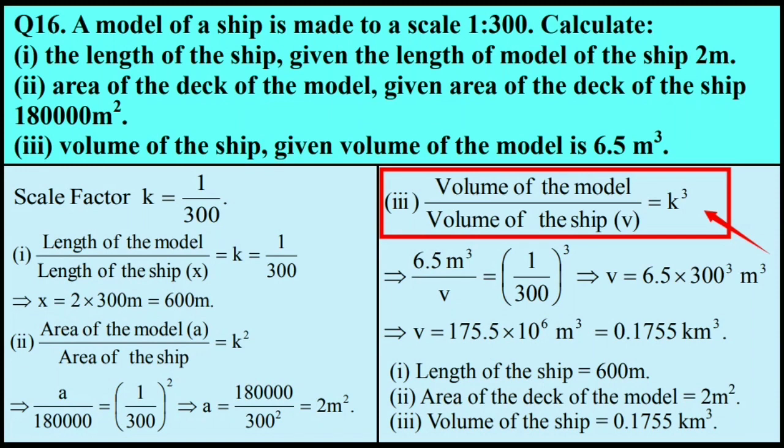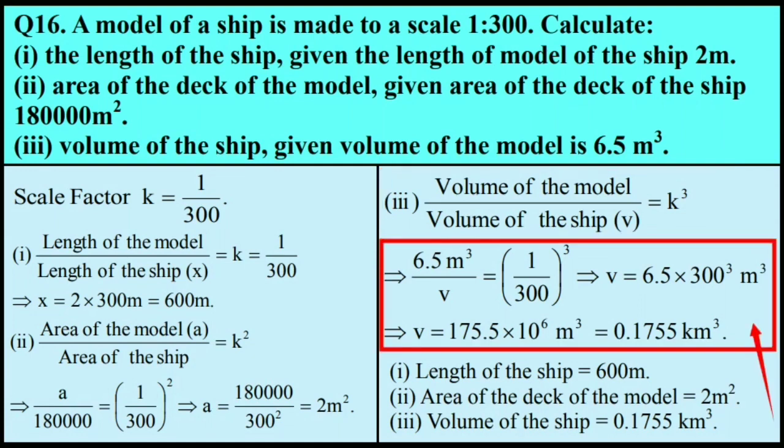Point 3, volume of the model divided by volume of the ship is equal to the cube of the scale factor, that is K cube. In the given relation, K is replaced with 1 by 300 and volume of the model is replaced with 6.5 meter cube, and the equation is simplified, and at last the volume of the ship obtained is 0.1755 kilometer cube.